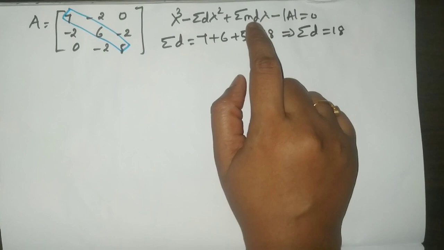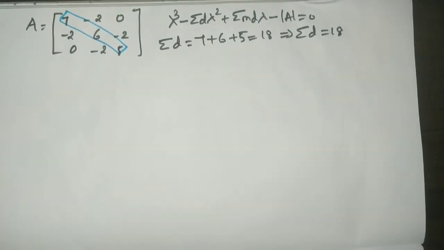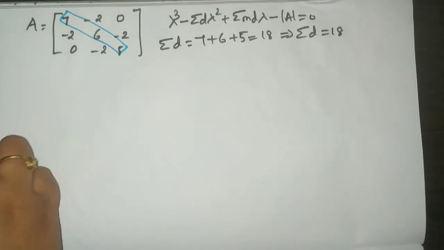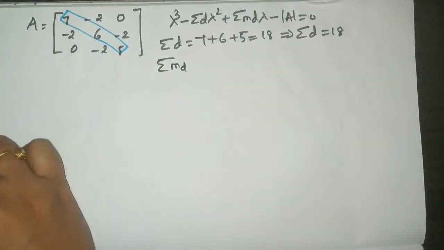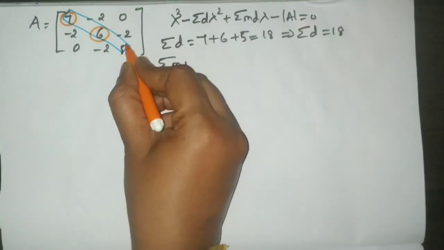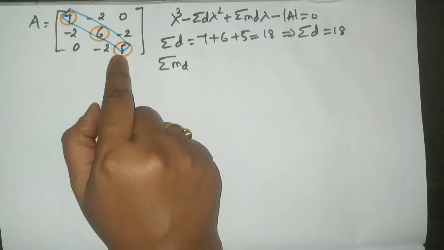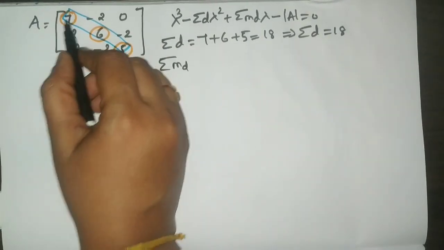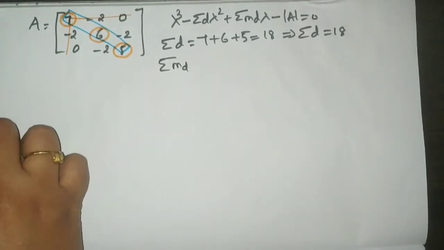Now we need to find the next value, summation md. Summation md is nothing but you have to take the diagonal entries. What are the diagonal entries? We have 7, 6 and 5. For these diagonal entries you need to find the minor and add it. So for 7, leave the corresponding row and column.